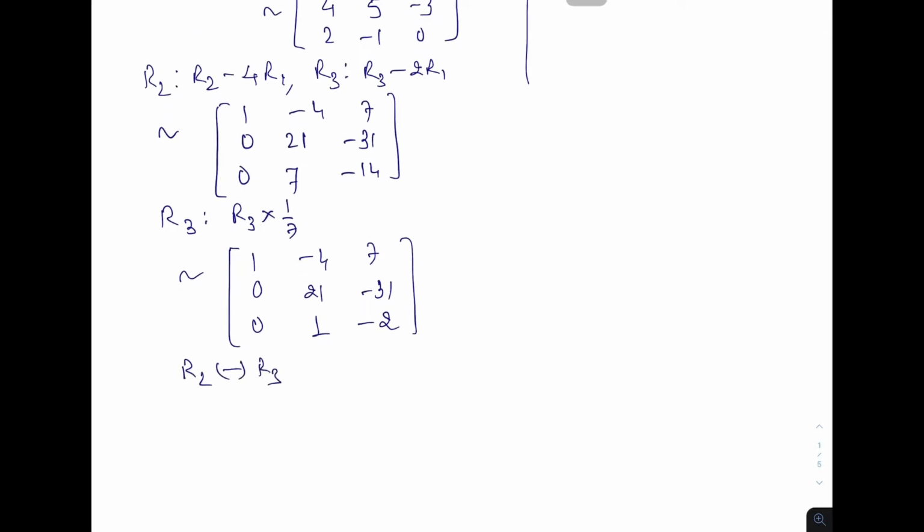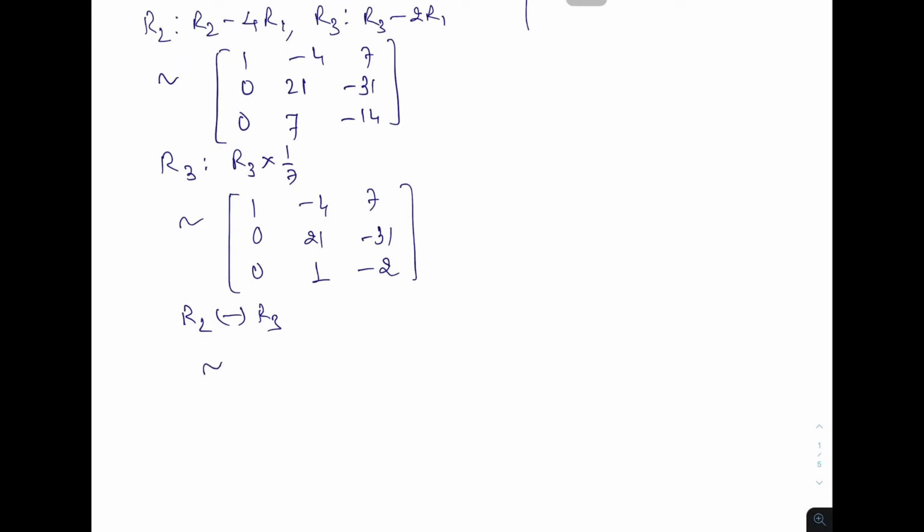So R2, R3 interchange, so that will be 1, -4, 7, 0, 1, -2, 0, 21, -31.